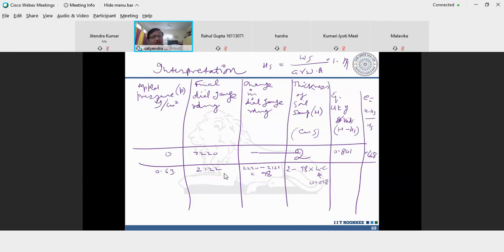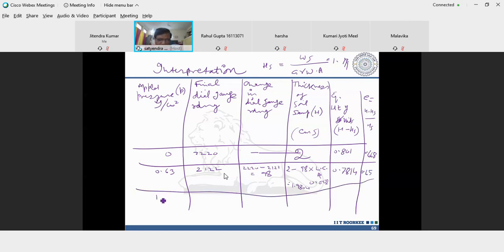Least count of the dial gauge. So you can find out this is equal to 1.9804. Then this value comes out as 0.7814, and this value comes at 0.65.